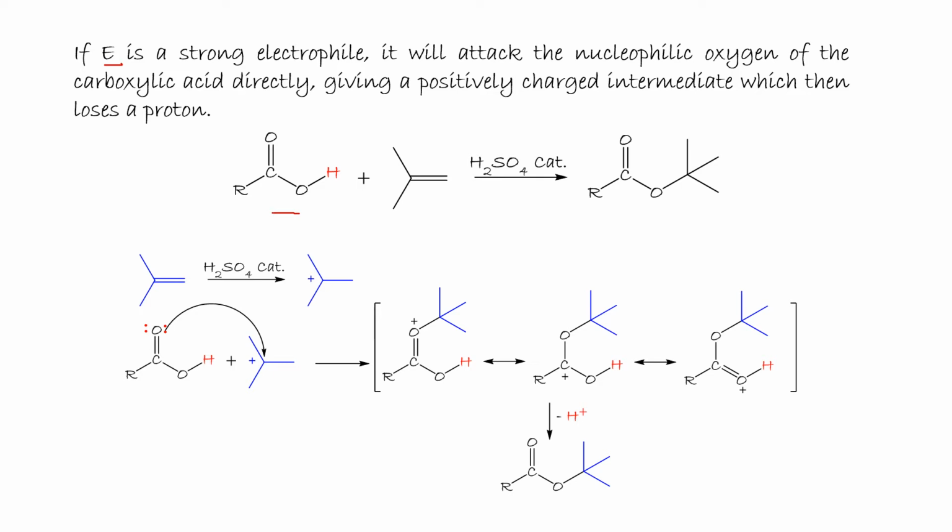Reacting carboxylic acid with an alkene in presence of a catalytic amount of acid provides an ester. The process will start by protonation first of an alkene to form a carbocation intermediate. This oxygen lone pair will then attack on the electrophilic center to form this positively charged intermediate, which exists in three resonance structures.